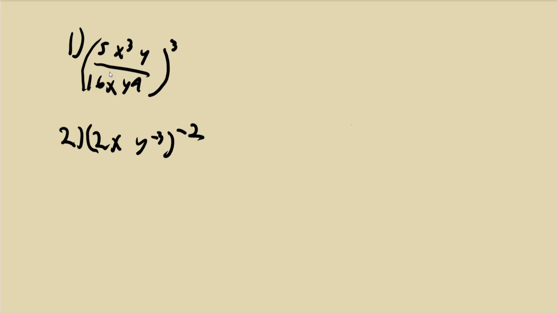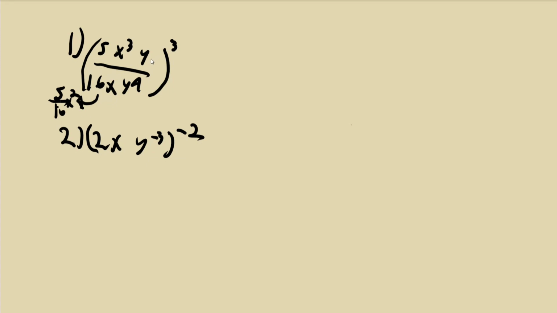So you get 5 over 16x to the power of 2, right? Because we subtracted the 1 from the 3, and we still have to divide.